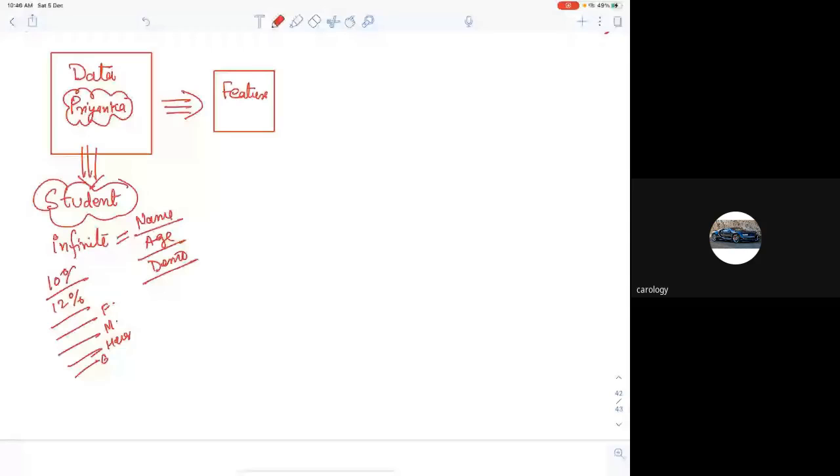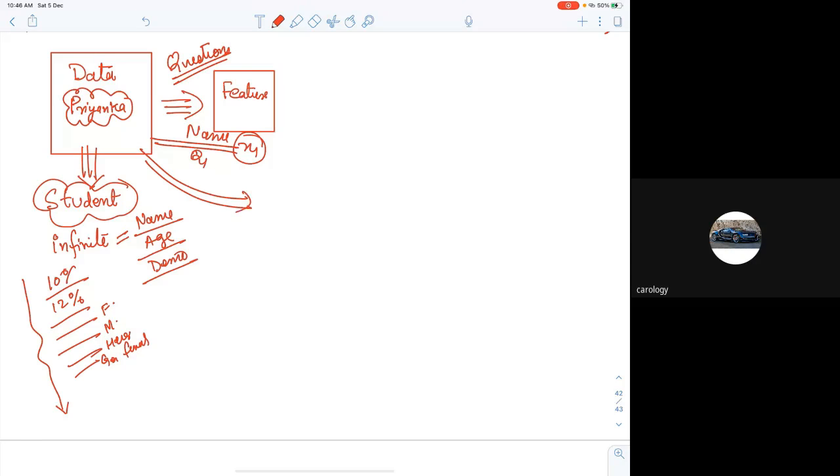questions to this data. I ask, what is your name? That is one feature for me, feature one. This is my question number one, and I have got a feature. Then I ask another question, what is your age? That's my question number two, and I have got an answer x2. In this way, this whole data of Priyanka as a student got converted into a feature vector.